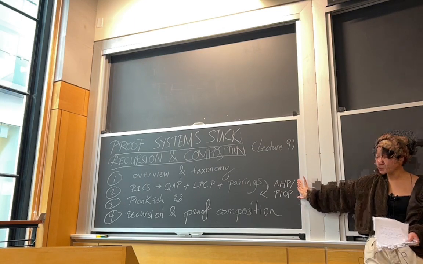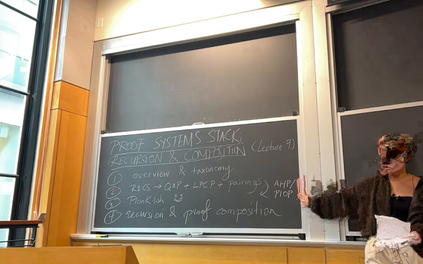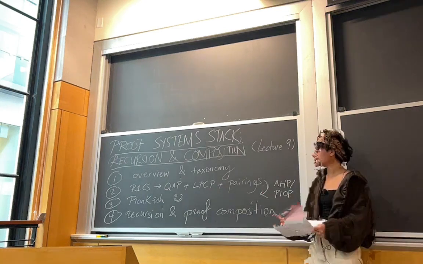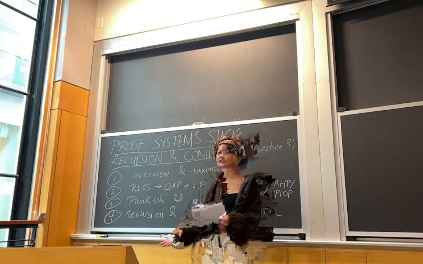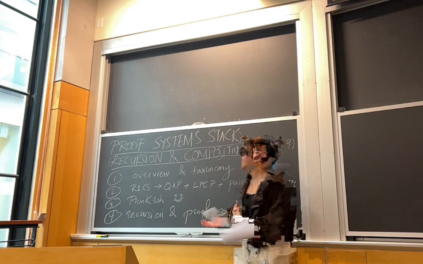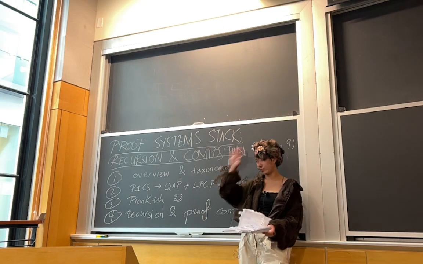But with the introduction of this very flexible information theoretic model, we actually get a modular construction, and having a modular construction allows us to basically swap out backends and to optimize the proof system across the stack.